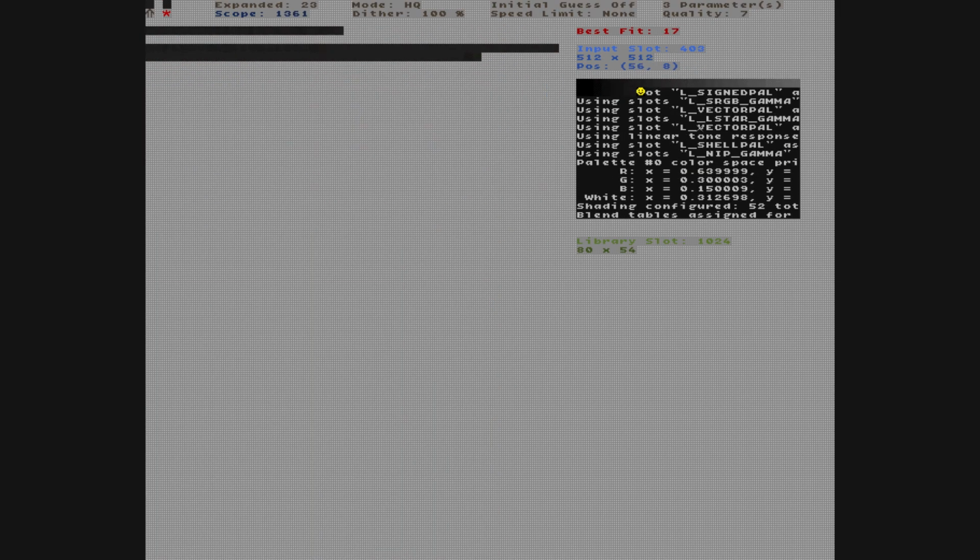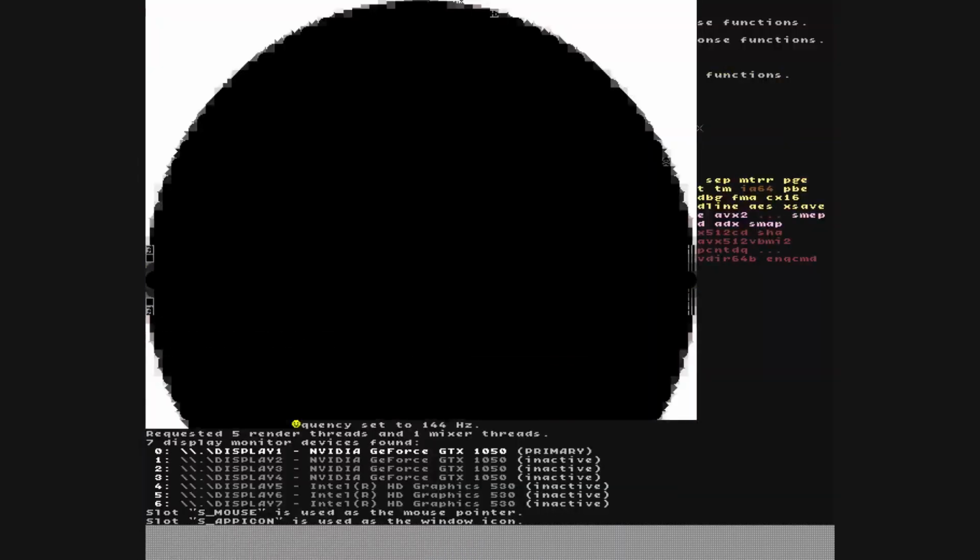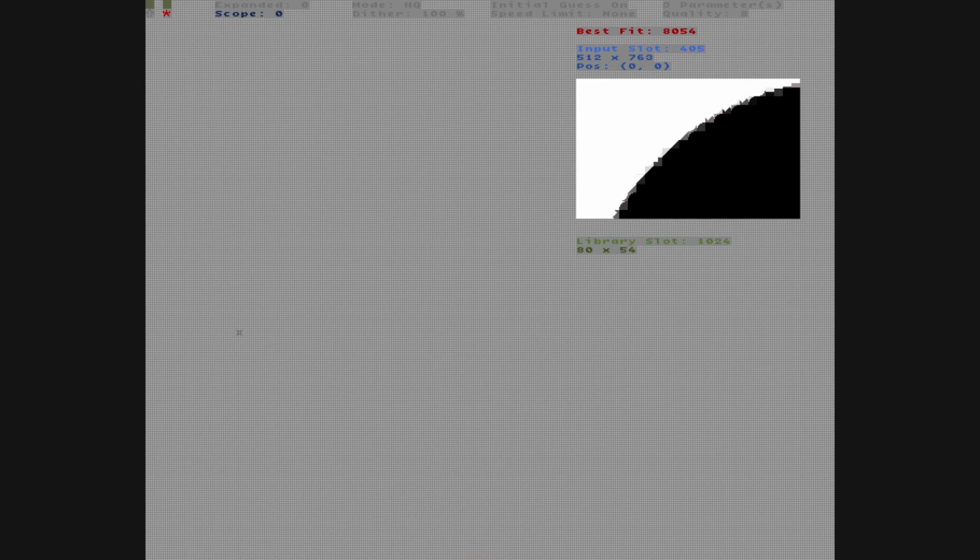So let's see. Let's use a circle that helps show how curved shapes can be represented using this algorithm. Also, you can see how it works.